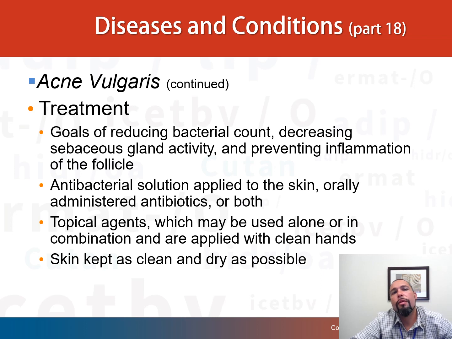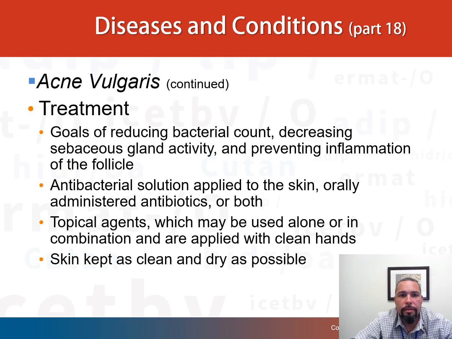All right, the treatments for acne vulgaris depend on a plethora of information. Overall, the goal of the treatment is to reduce the bacterial count, decrease the sebaceous gland activity, and prevent inflammation of the hair follicle.